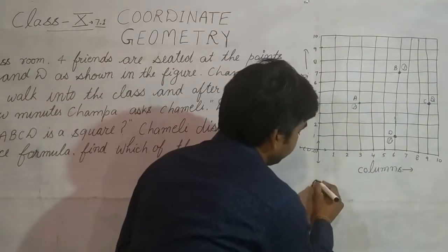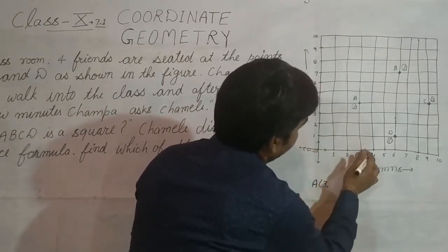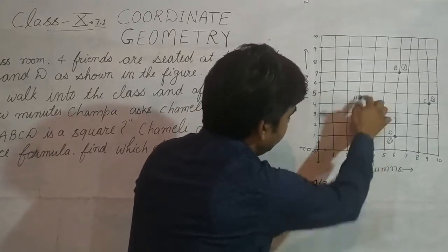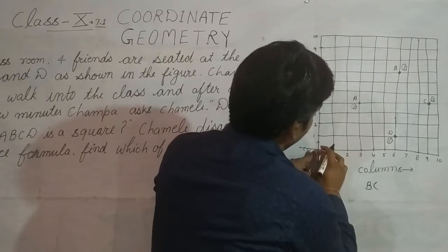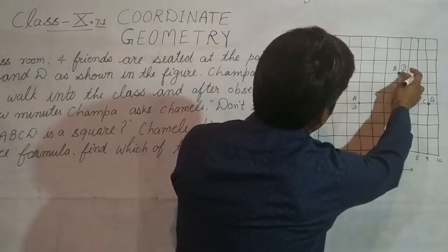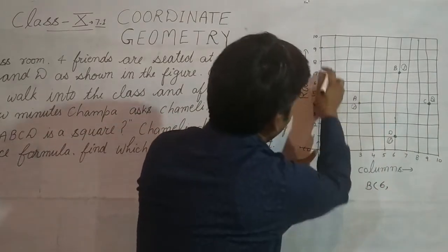For A, we are walking this distance. This is 3 and this is 4. Now for B, what is the distance? I am going here up to 6 and then here, and this is 7. On x-axis 6, on y-axis it's 7.